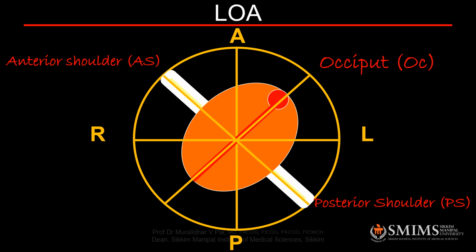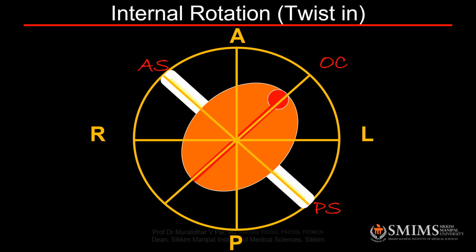The white line represents shoulder lines, anterior and posterior shoulders. The head has to rotate. The occiput has to come from this place to this place. This is called internal rotation or twisting in.